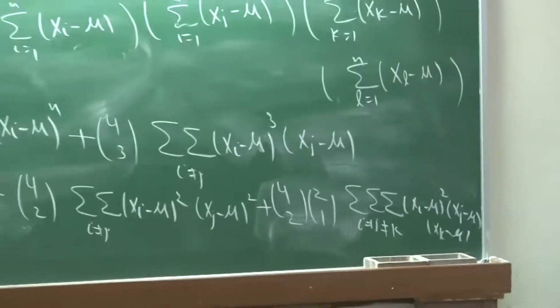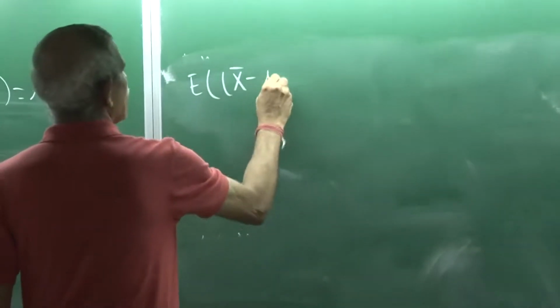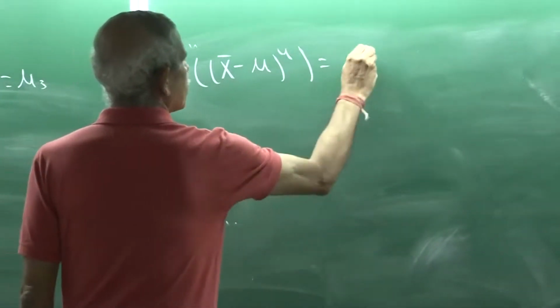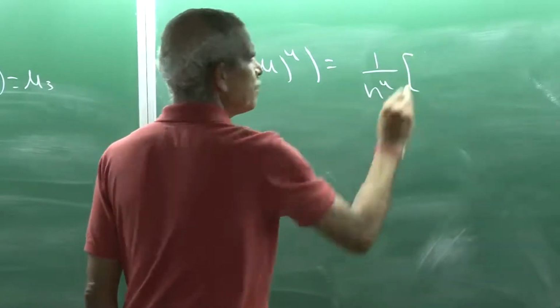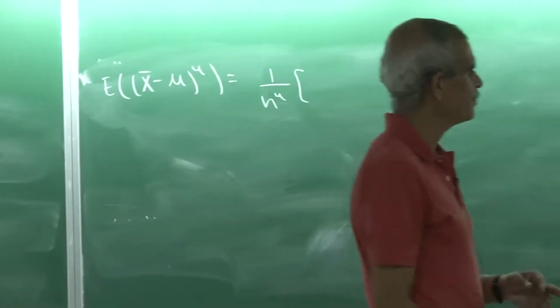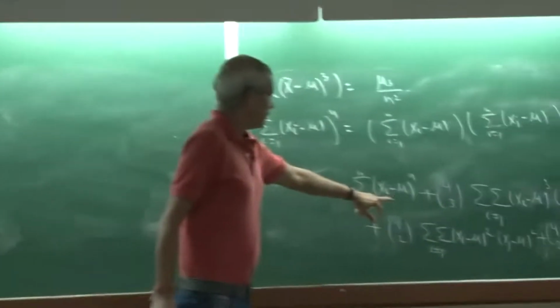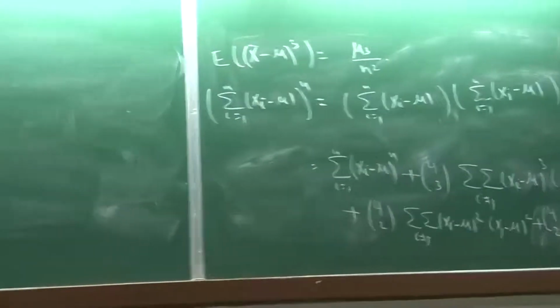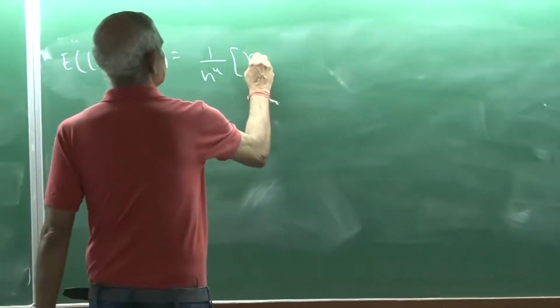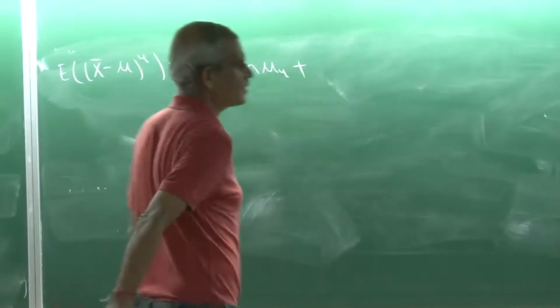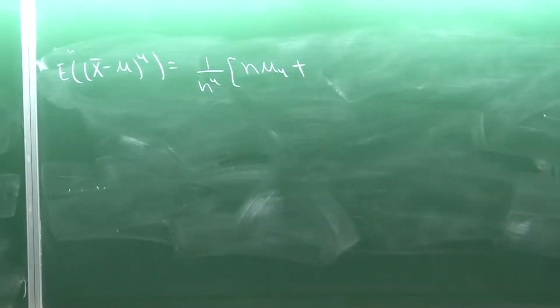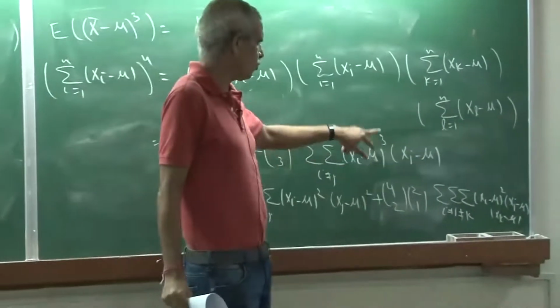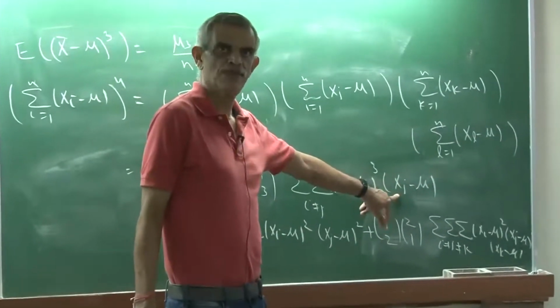So the expected value of (x bar minus mu) to the power 4 turns out to be 1 upon n to the power 4 times: this is n mu 4, right? N mu 4, plus. This will not contribute because of independence. This would be the expectation of (xi minus mu) whole cube into the expectation of (xj minus mu), which would be 0.